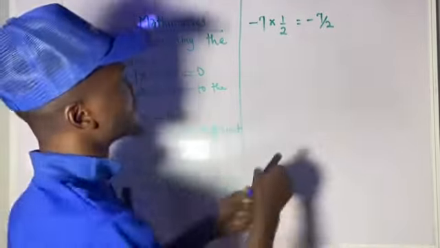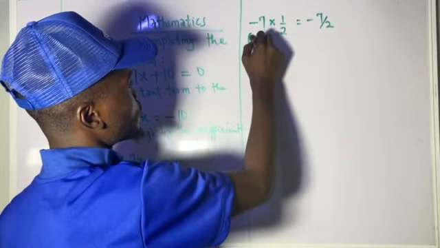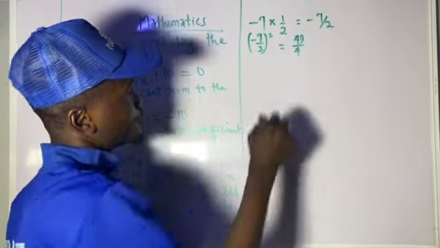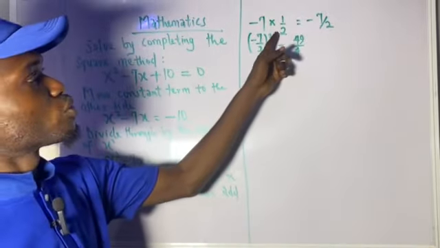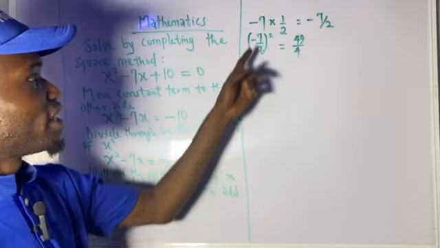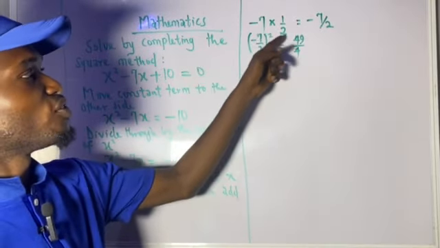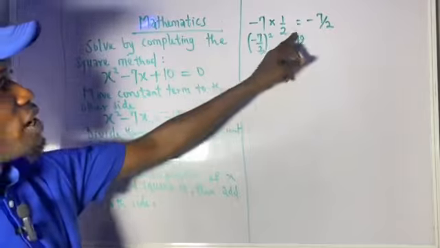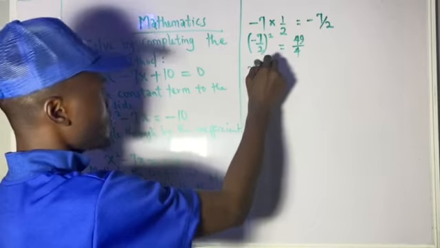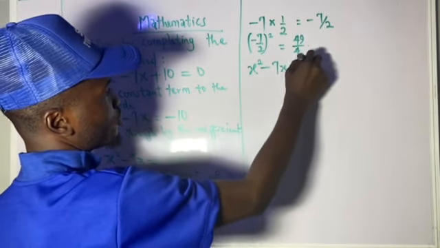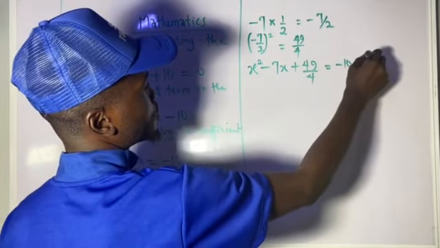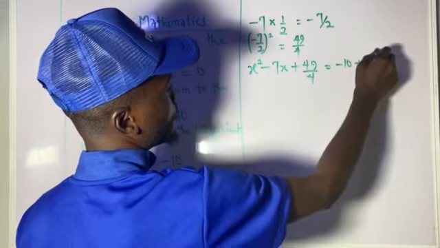Now, when we square minus 7 over 2, this is going to give us 49 over 4, because minus 7 squared is 49 and 2 squared is 4. We square each one of them. And don't forget that the square of a negative will become positive. So we are adding 49 over 4 to both sides. So we have x squared minus 7x plus 49 over 4 equal to minus 10 plus 49 over 4.